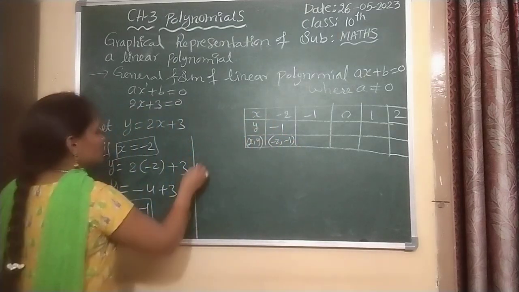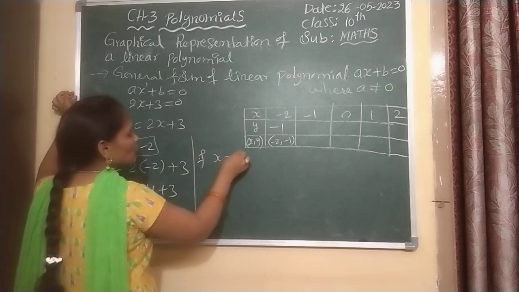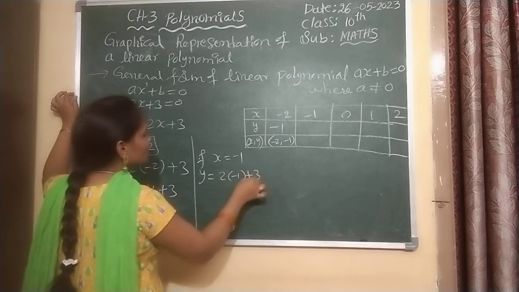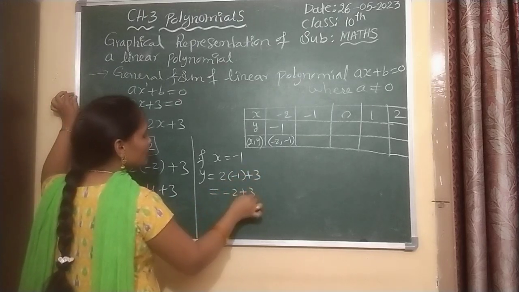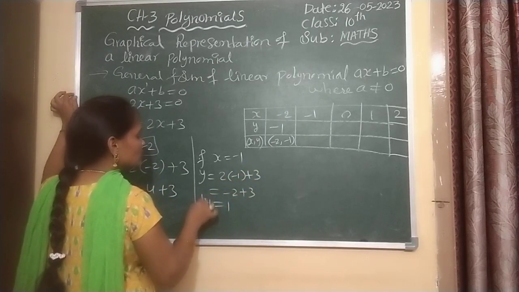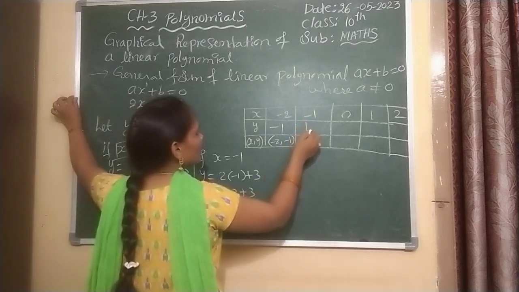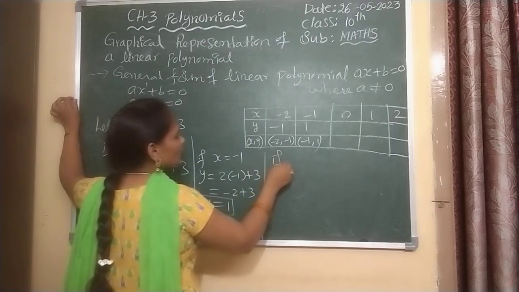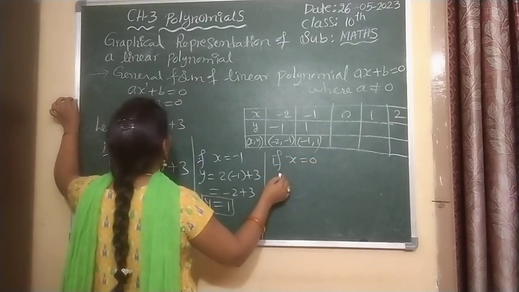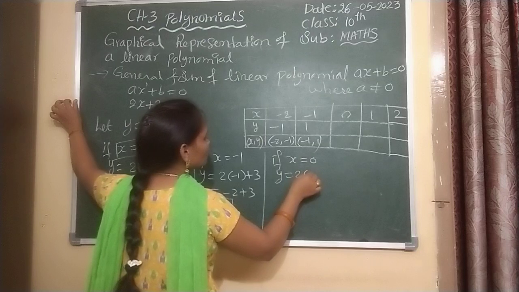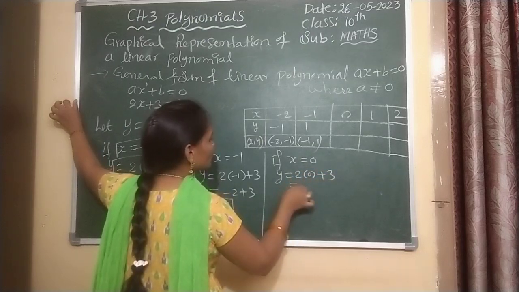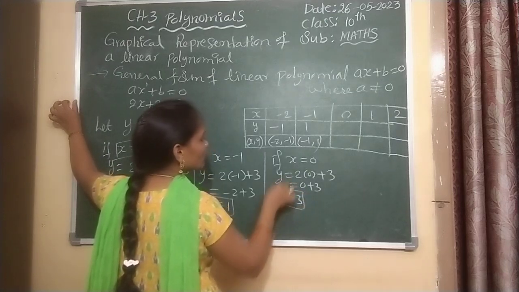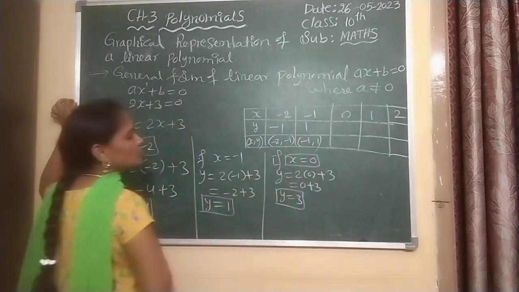Next, if x is equal to -1, then y = 2 into -1 + 3, which is -2 + 3 = 1. So y = 1, and the point is (-1, 1). Next, if x is equal to 0, y = 2 into 0 + 3 = 0 + 3, so y = 3. If the x value is 0, the y value we got is 3.